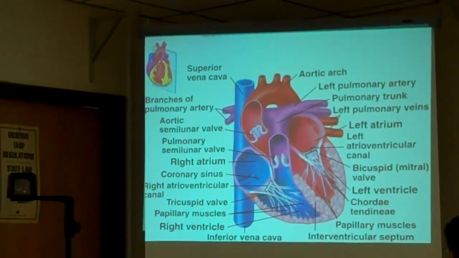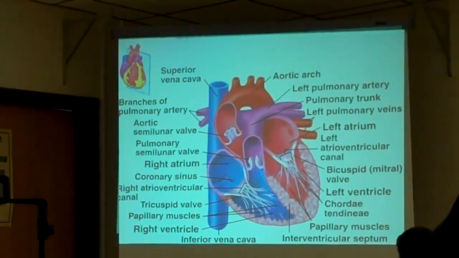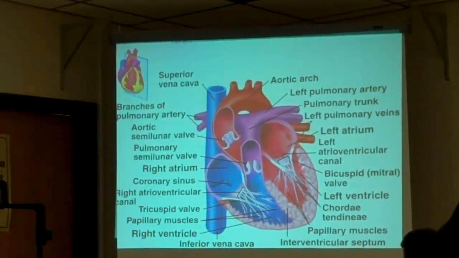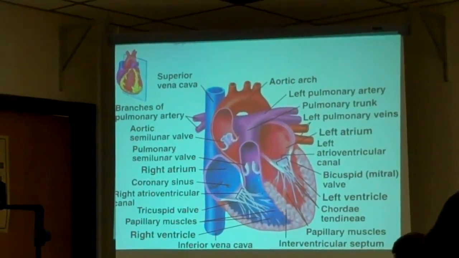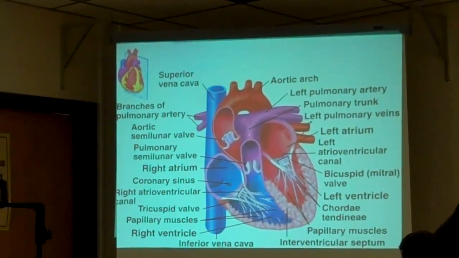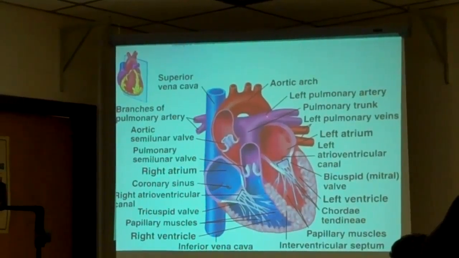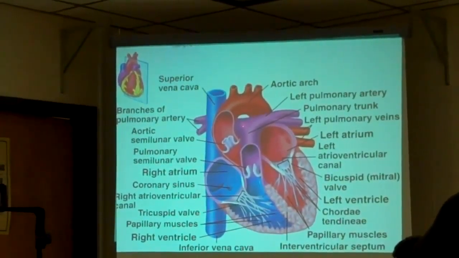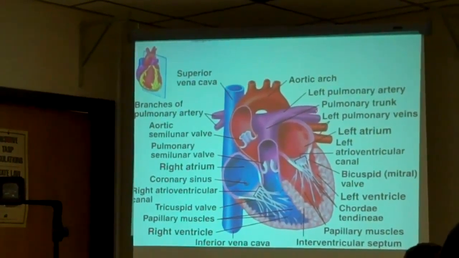And so there you have it. Here's the tricuspid on this side, the mitral valve or bicuspid on this side. Then they're showing up kind of high the aortic semilunar valve. Technically, in most cases, they use the term pulmonary trunk here. The left pulmonary artery and right pulmonary artery are branches of the pulmonary artery, and so forth.